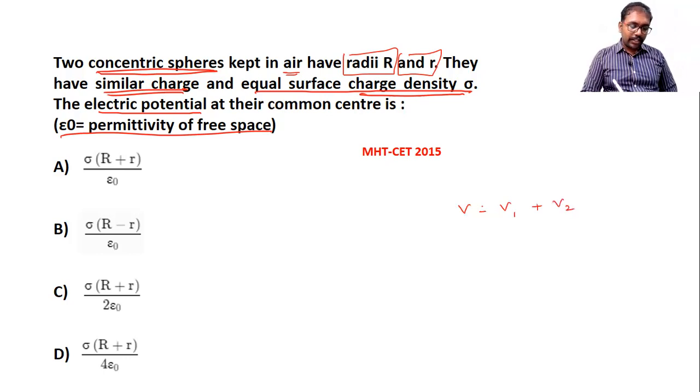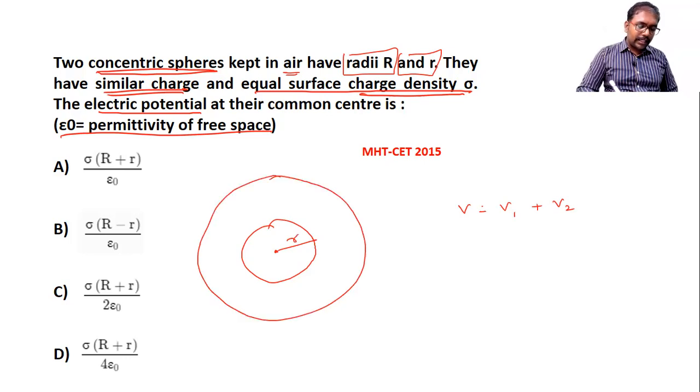Let me explain: this is the first sphere, this is the center, and this sphere has a smaller radius. I consider one more concentric sphere whose radius is capital R. Now we have to write the potential at the center due to both the spheres.